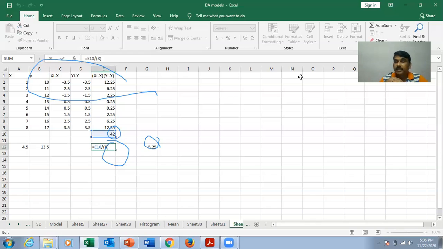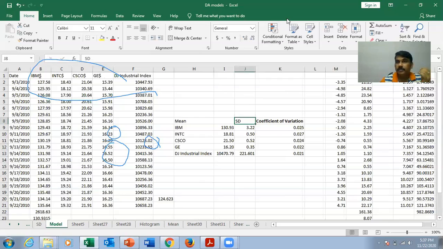First, we studied what exactly standard deviation, mean, and coefficient of variation mean. We studied today how the coefficient of variation is more effective as compared to standard deviation and mean, because it is helpful for us if we have different series. Through the coefficient of variation, you are able to compare the series.